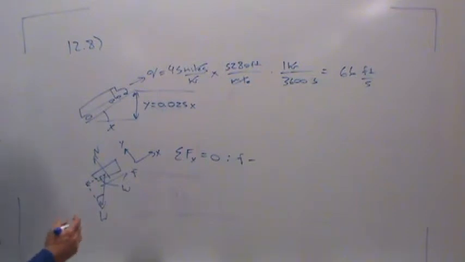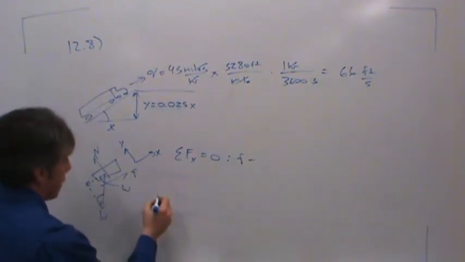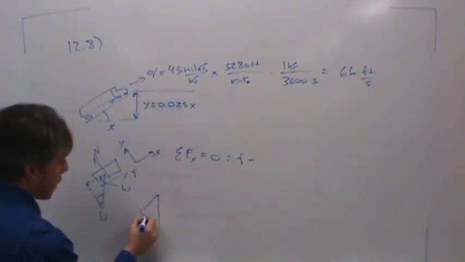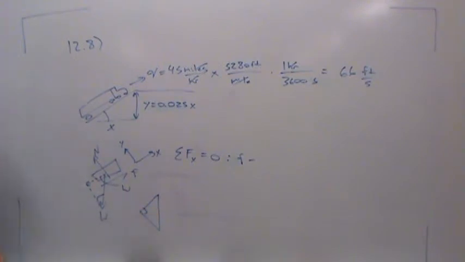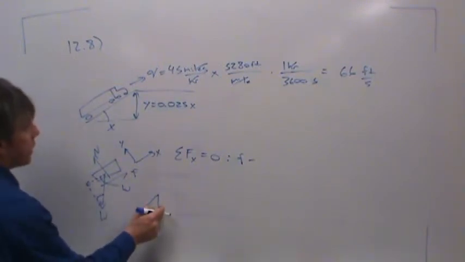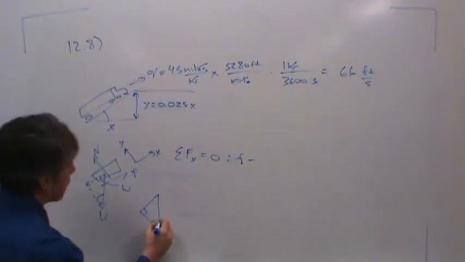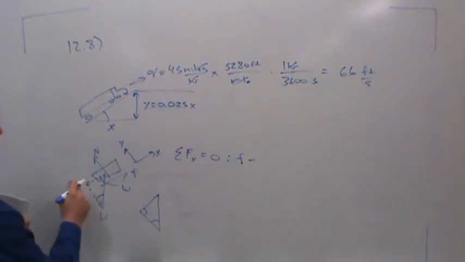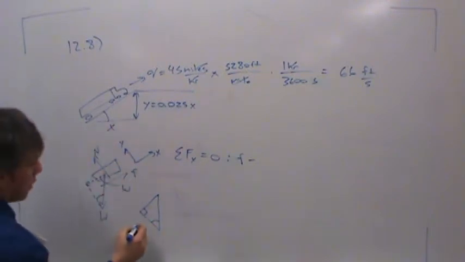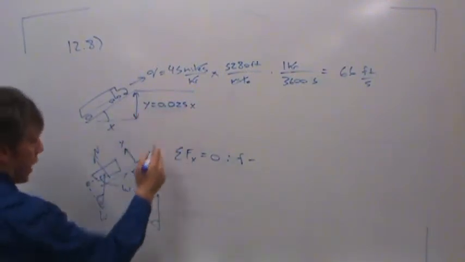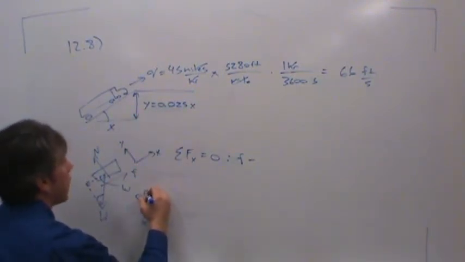Another way of looking at this, if I extract a triangle, there's a right triangle like this. This side is the weight, it's the hypotenuse. And so essentially, since the angle's down here, the x side is this side, and the y side is this side.